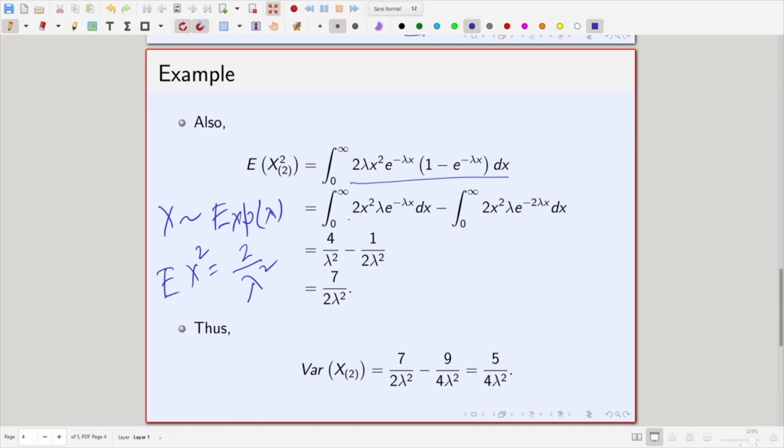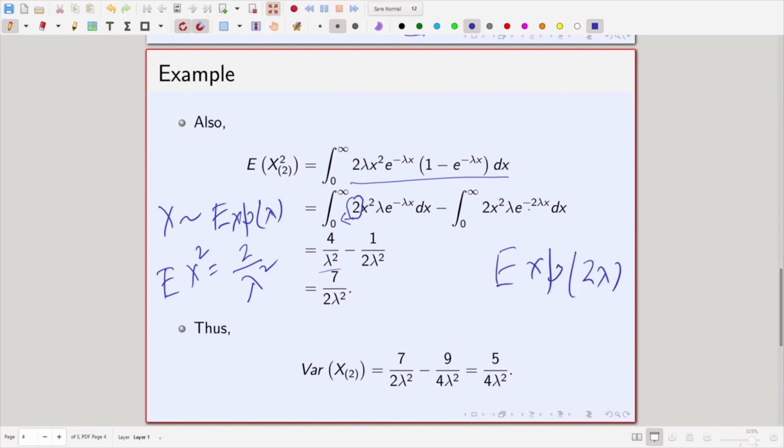The first one, we can take the 2 out, and then it is just x square lambda e to the power minus lambda x dx. So this is just expectation of x square where x is exponential lambda. So that will give you 2 times 2 over lambda square, that gives you 4 over lambda square, and the second is expectation of x square where x is exp 2 lambda.